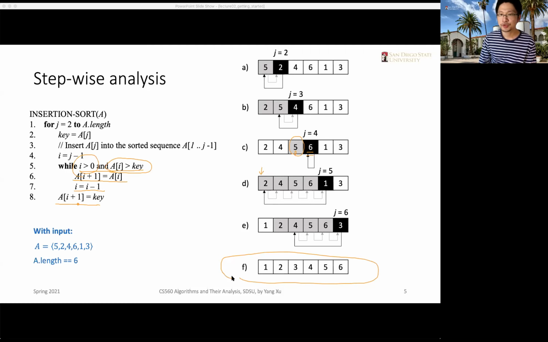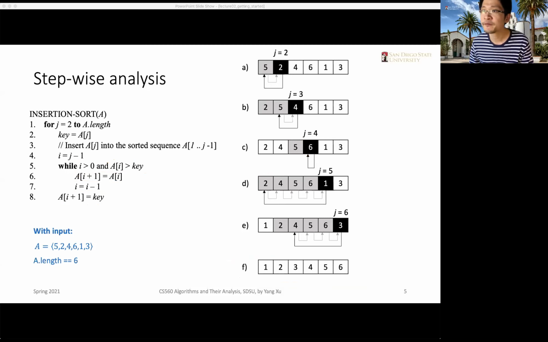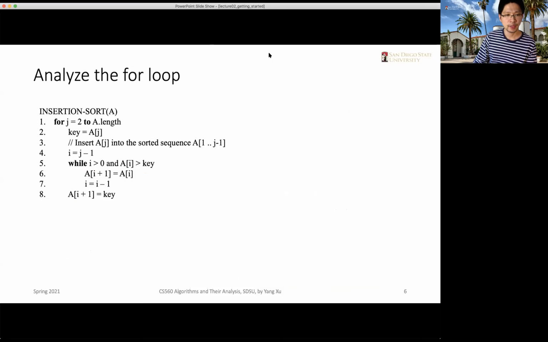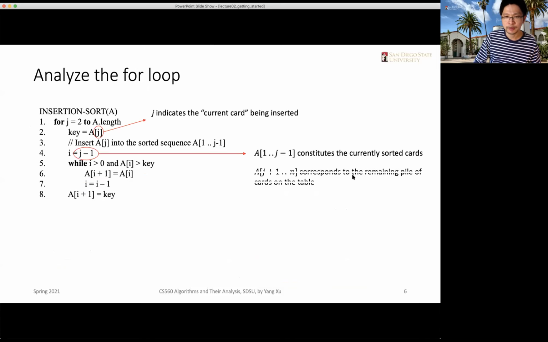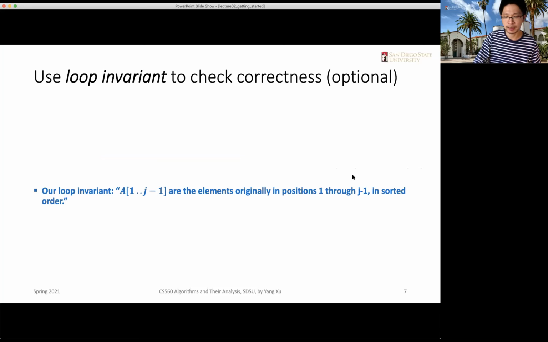Yeah, we need to know the time complexity of insertion sort, and next we're gonna move on to that analysis. Okay, so because we have less than 25 minutes left, I think after we finish slide 6, we are gonna analyze some running time of it.